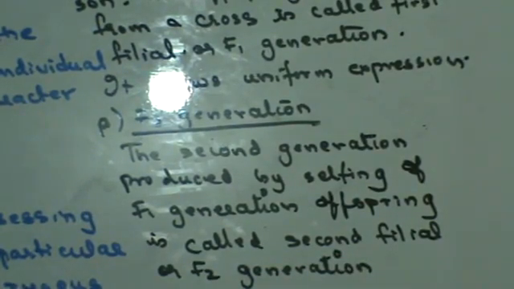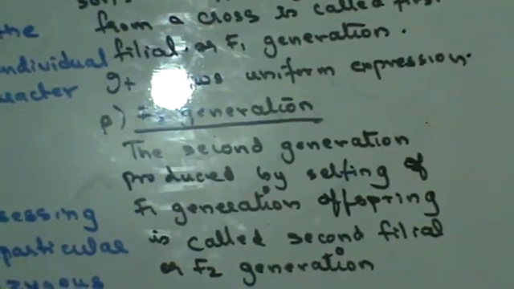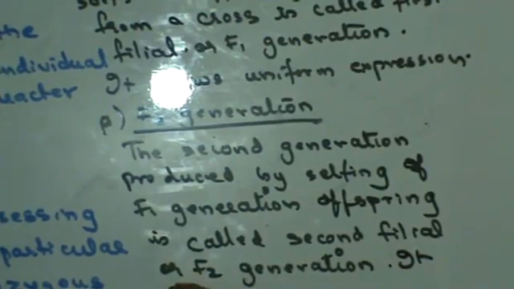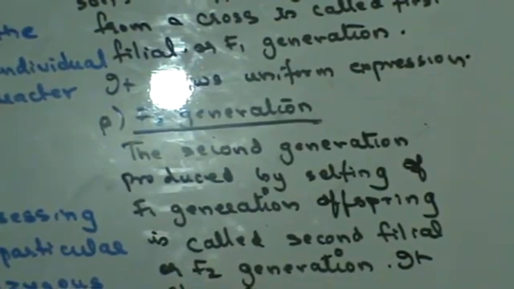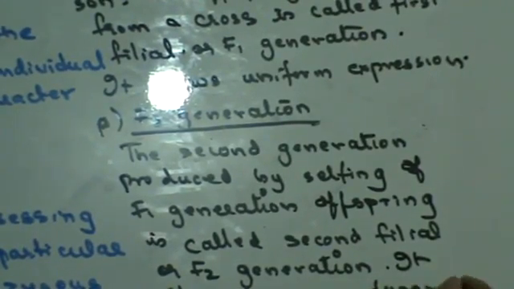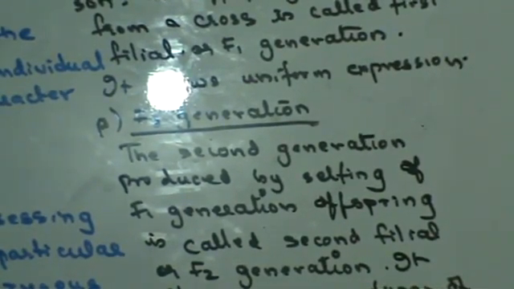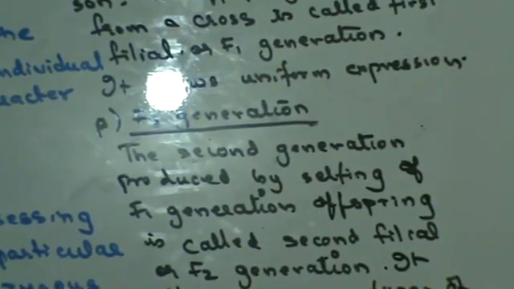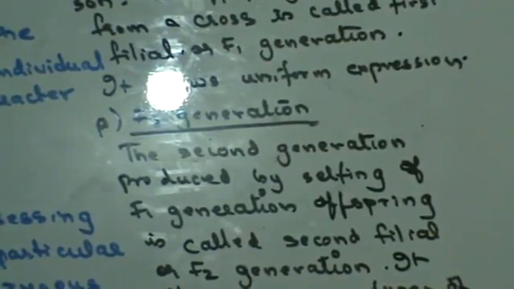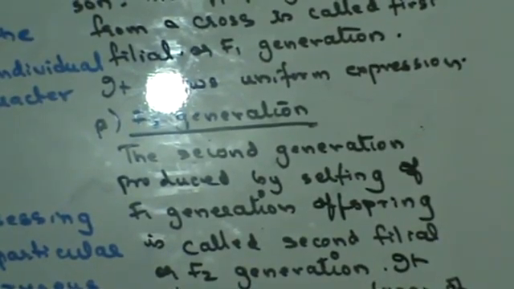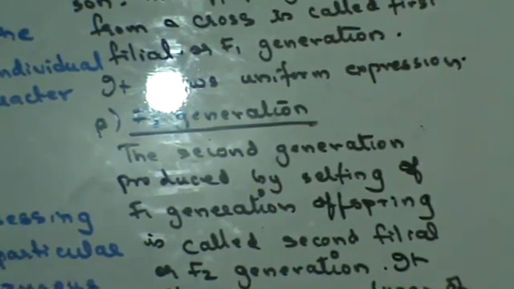Now it shows two or more types of individuals in a particular ratio. So you have F1 generation, you have F2 generation.